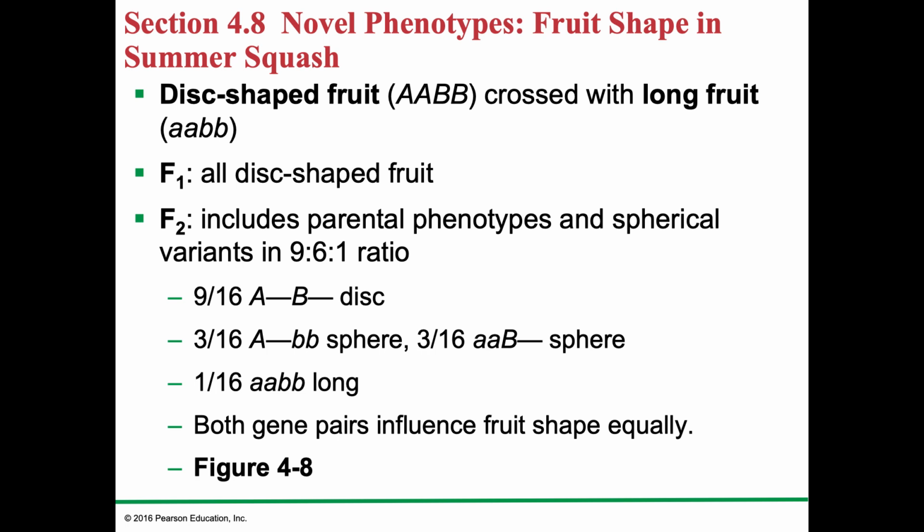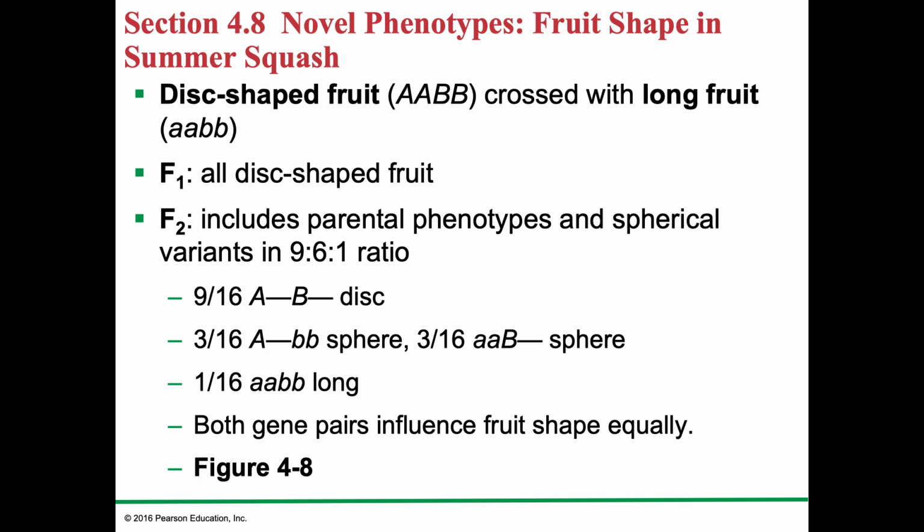So then we can go back here and we see homozygous recessive at A, at least one dominant allele at B. So that's another 3/16. Again, homozygous recessive at one of the loci. These are also spherical fruit. Now, when you have homozygous recessive at both loci, you end up with the homozygous recessive long fruit.